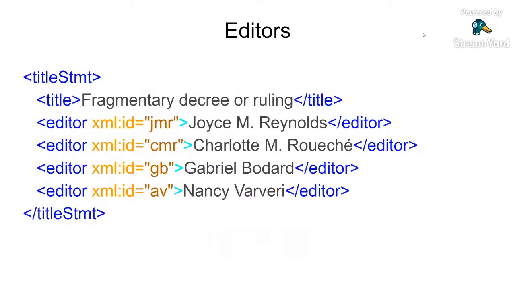As Gabi showed you in the video dedicated to the edition metadata, we can use the editor element in the title statement, which is a part of the TEI header section of the XML file, to record the editors of this particular document with or without their specific roles, and assign them a unique identifier in the xml:id attribute that will allow us to reference them where we need in this document or in other places.